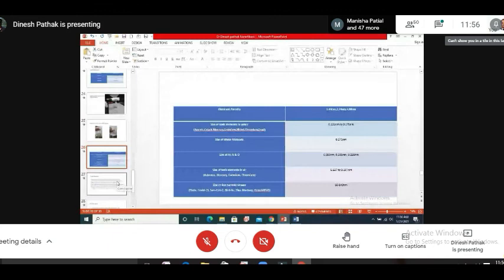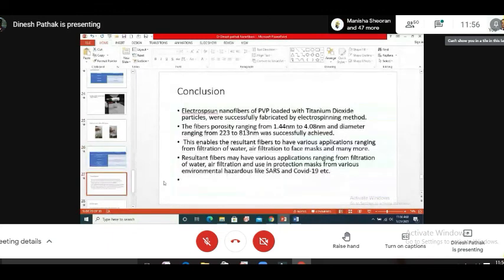So they can have many applications controlling either COVID or Hanta or maybe SARS or maybe some other things. The only thing is to control the porosity. And as material scientists, we are able to control the porosity just by having optimized experimental conditions: changing the pH of the polymer, changing the potential in electrospinning, changing the distance between the syringe and the collecting drum, or many other conditions.